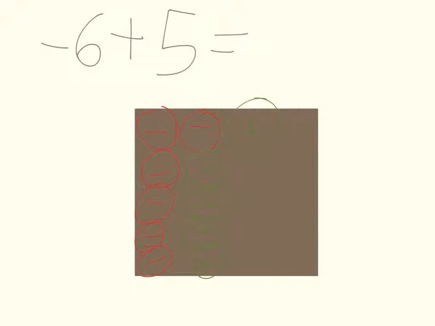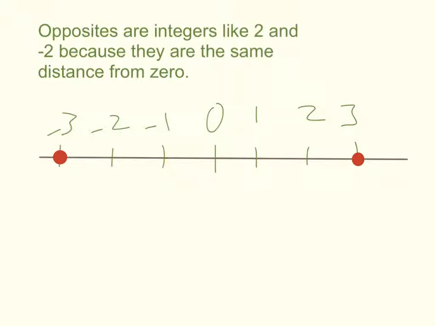So here I have 6 negative counters and 5 positive counters. I'm going to then cross out my 0 pairs. And all I have left over is 1 negative counter. So my answer is -1.